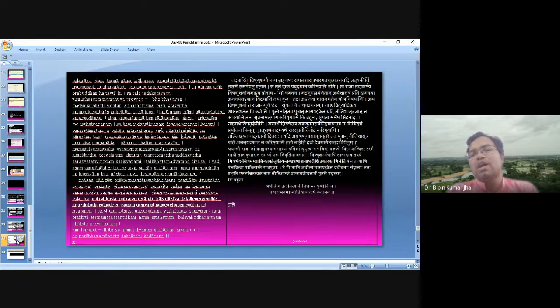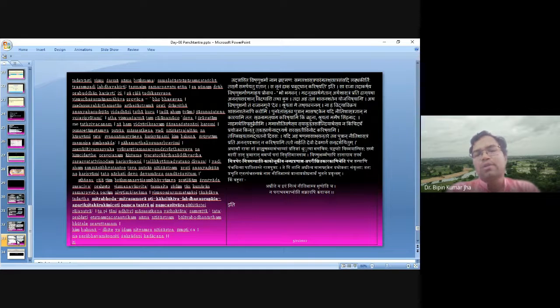Aham tvam shasana shatena yojayishyami. If you do this, I will give you 100 shasana. Shasana means a type of coin or currency; I will give 100.